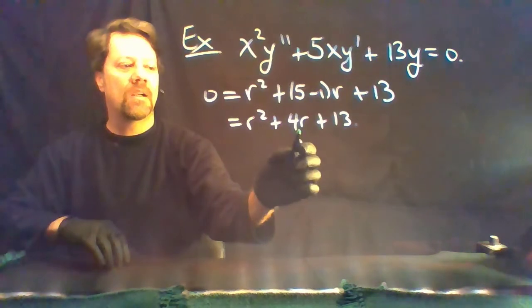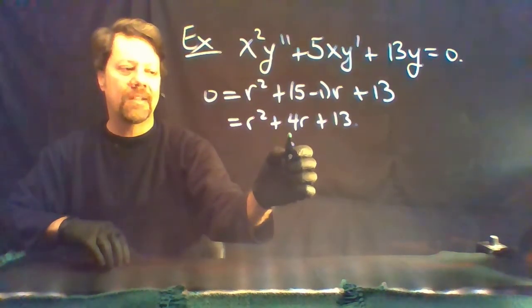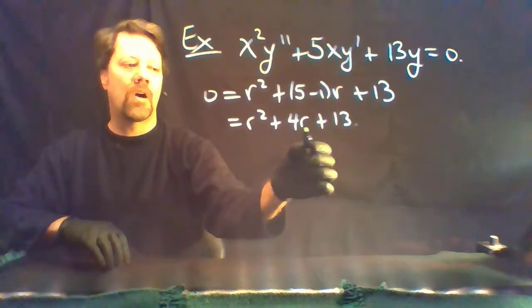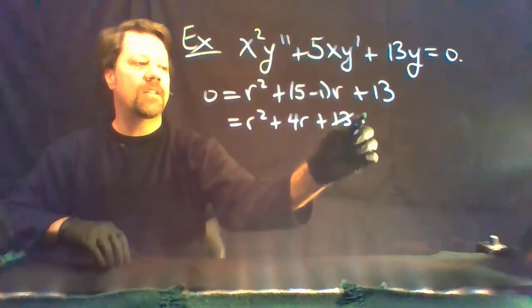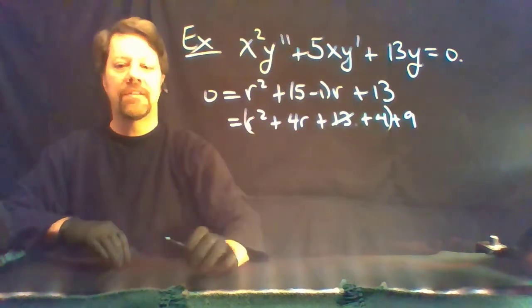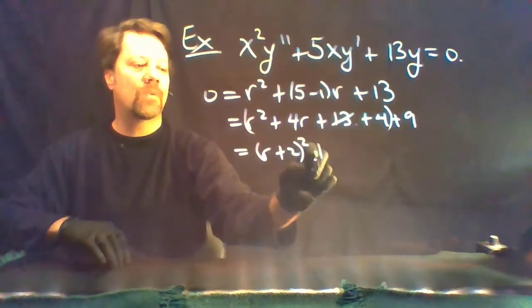To complete the square, you divide 4 by 2 and square it. That would be 4. You want r squared plus 4r plus 4, not plus 13. So you split this into plus 4 plus 9, and then group the first three terms to get r plus 2 quantity squared plus 9.